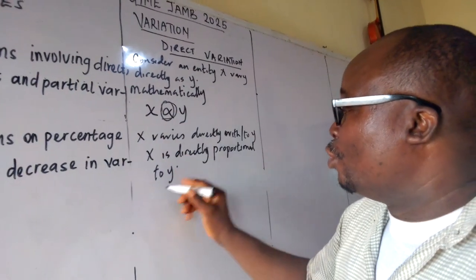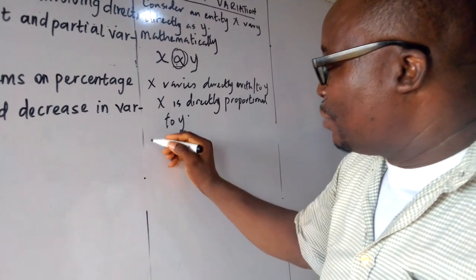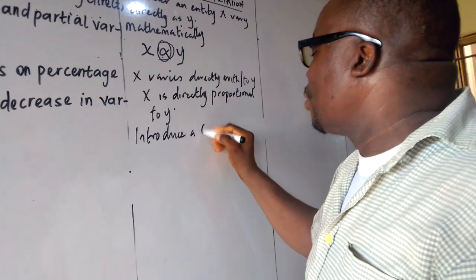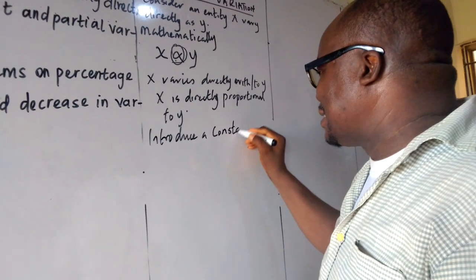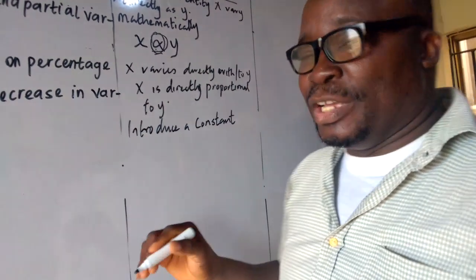So what do we do with this proportionality sign? We introduce a constant. When we introduce that constant, the proportionality sign automatically changes to an equality sign.